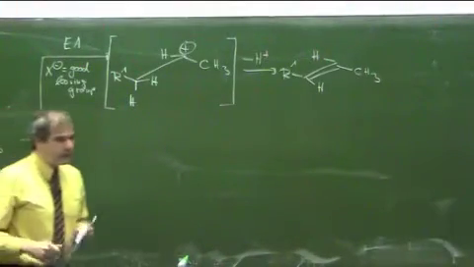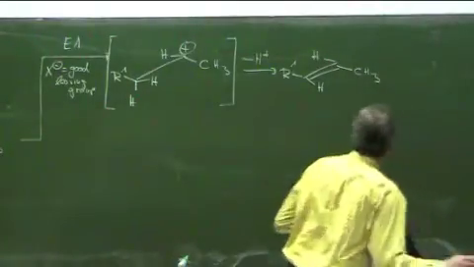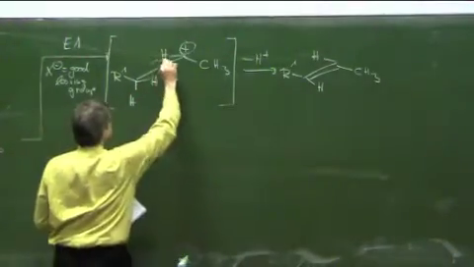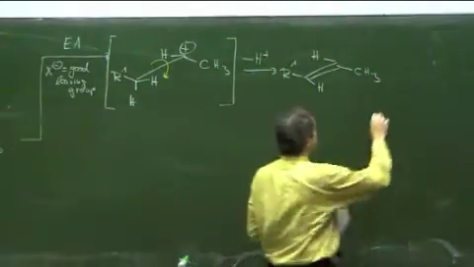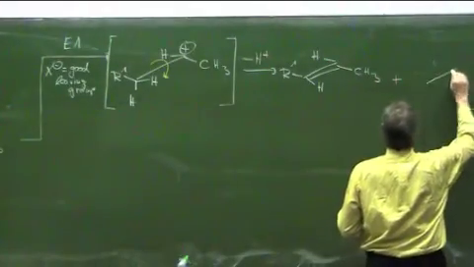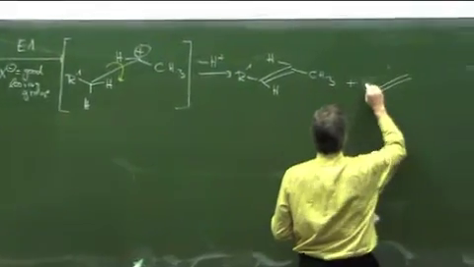Now note here in this moment that, of course, we have free rotation around this bond. So there might be the possibility of geometrical isomers.